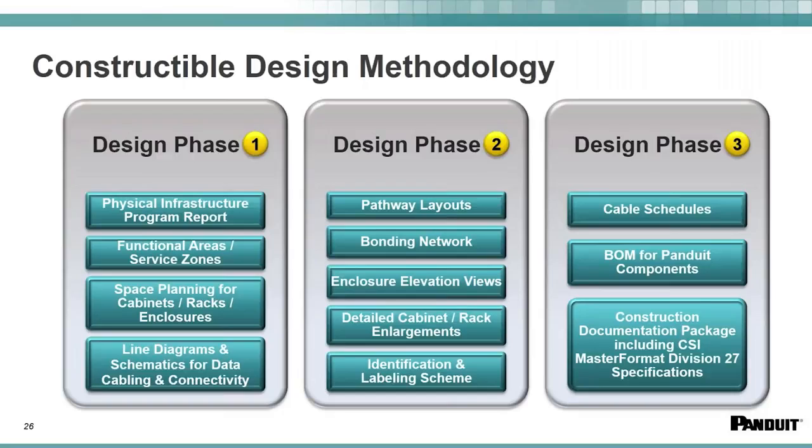And then the second phase is getting into the details, looking at the individual racks, the cabinets, going down into the ports, going into the details that are needed to specify all the cabling that's going to be run. And then we hit phase 3, where we provide a cable schedule, the bill of material, and then a specification package that explains exactly how this network is going to be implemented.